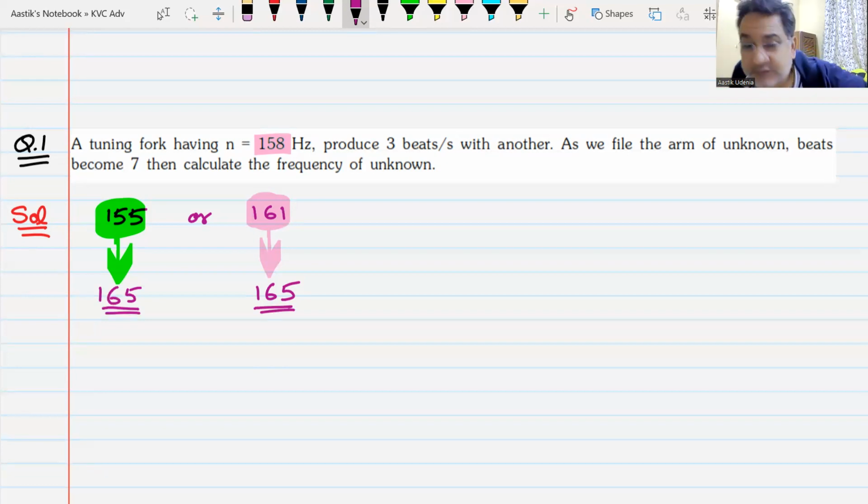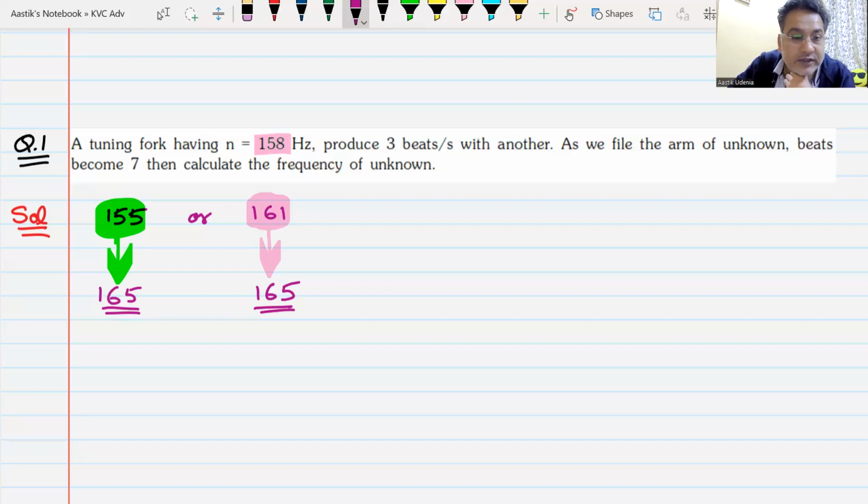That means the answer in this case can be either of the two. We don't know precisely how much we have filed, yes or no? Yes, sir. So the answer can be both of these. Such a question should not come, but I'm just showing it to you so that you understand. In most cases, they load it, and the answer is pretty simple.